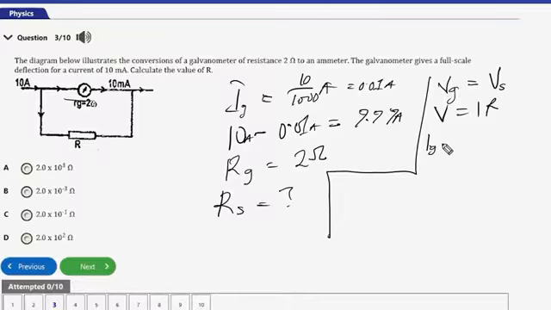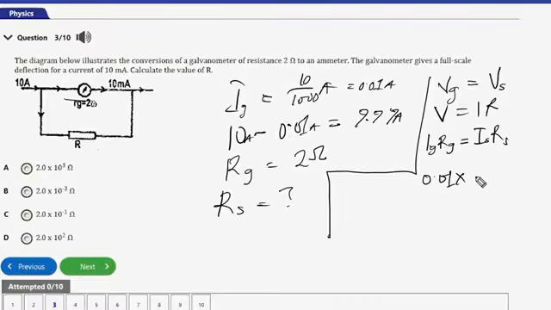So I in the galvanometer times R in the galvanometer is equal to I in the shunt times R in the shunt. I in the galvanometer is given as 0.01 amps, and R in the galvanometer is 2 ohms.